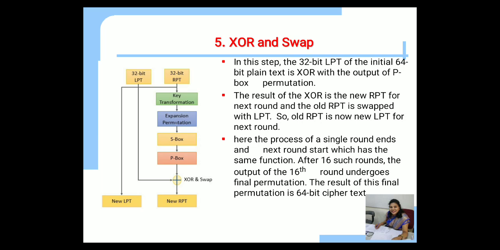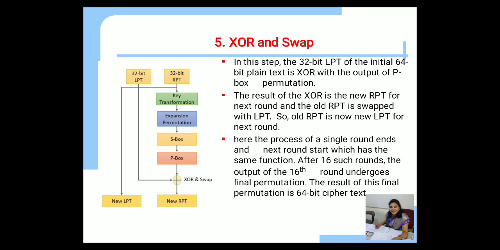The last step is the XOR and swap. Till now, if you remember, we first divide the plaintext into LPT and RPT, and on the RPT we perform all these steps. Key transformation, where the key is transformed from 56-bit to 48-bit. Expansion permutation, where we expand the 32-bit RPT to 48-bit, then we XOR these two and the output goes to the S box.